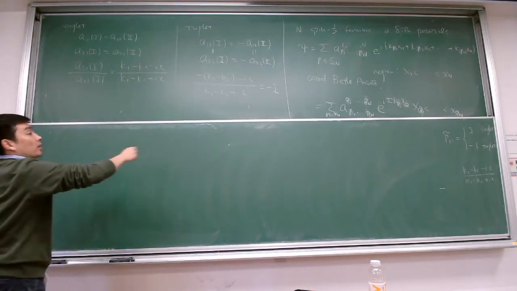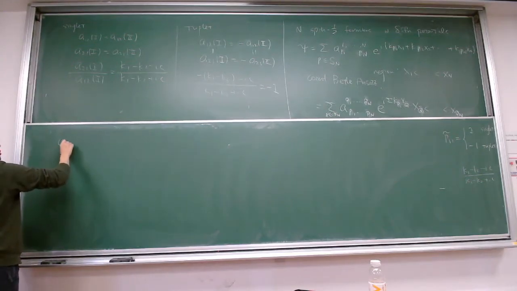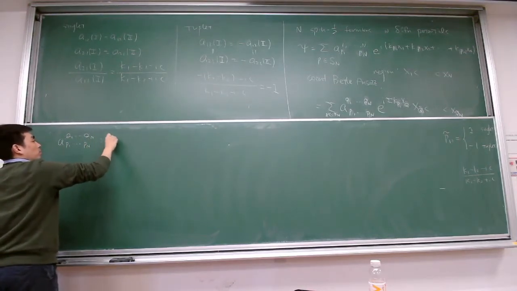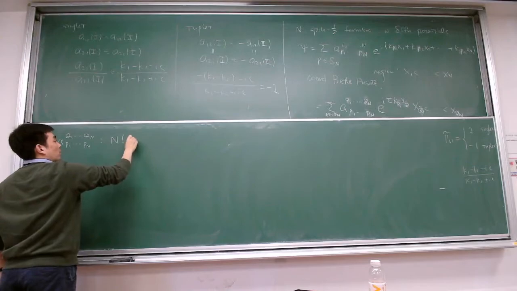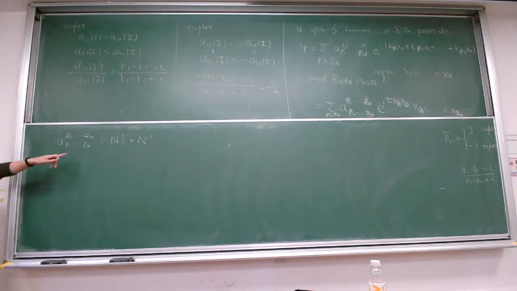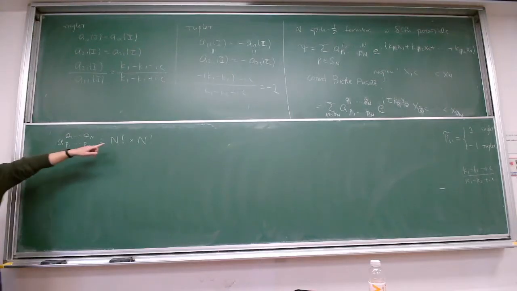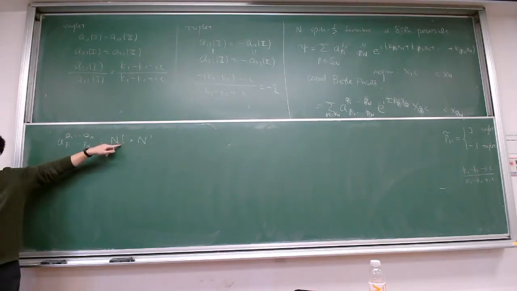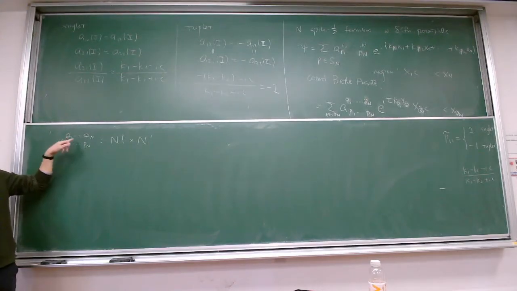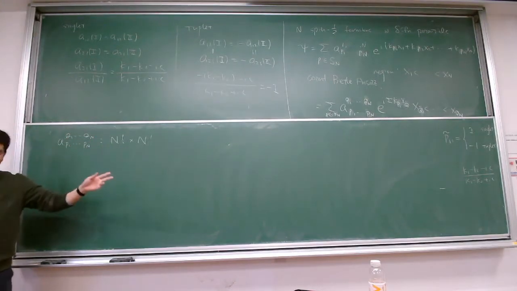This A with P1 ... Pn and Q1 ... Qn is indeed an n factorial times n factorial matrix, because the order of the permutation group is n factorial. So P has a choice of n factorial, and Q has a choice of n factorial.